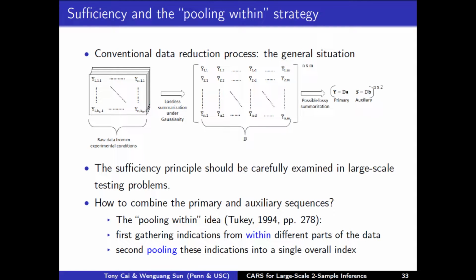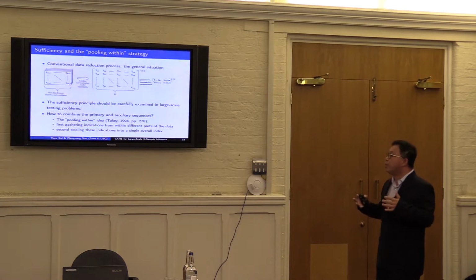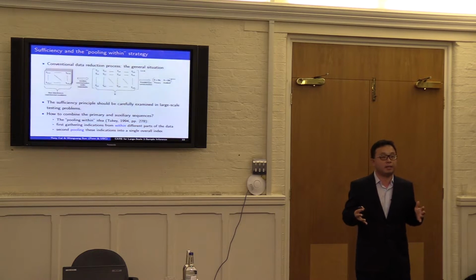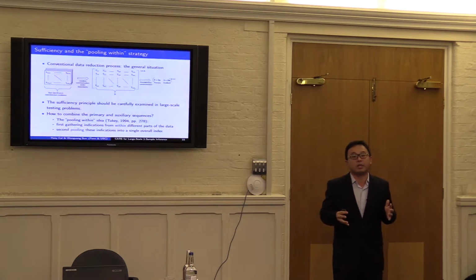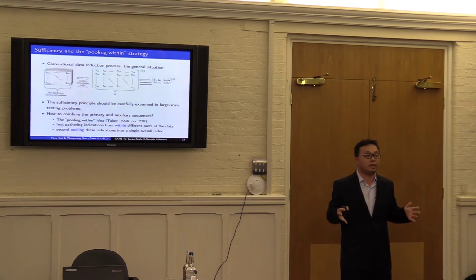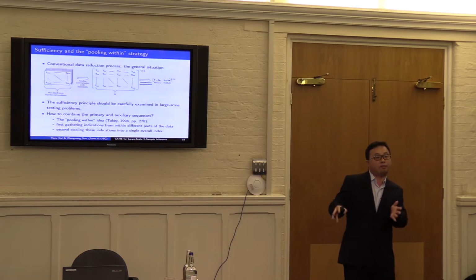Secondly, when we apply the pooling within idea, we need to come up with an efficient strategy to pool the data indications into a single overall index. In the CARS procedure, we have developed a single index, the CARS statistic. And we show that this statistic is optimal for combining the two pieces of information for the testing problem.